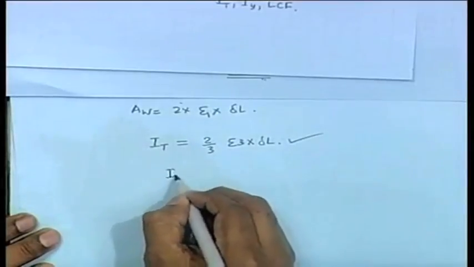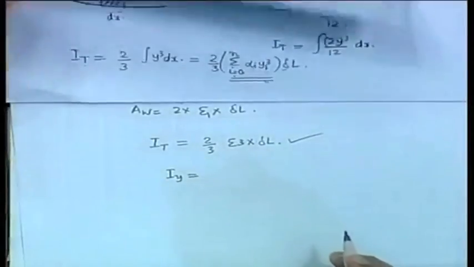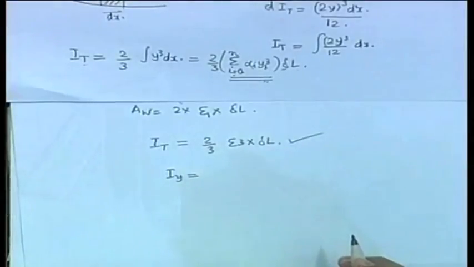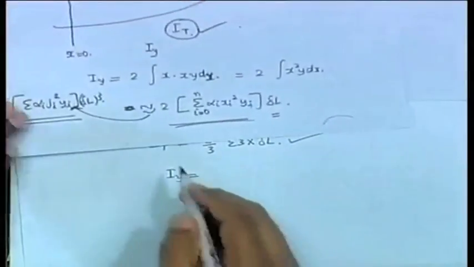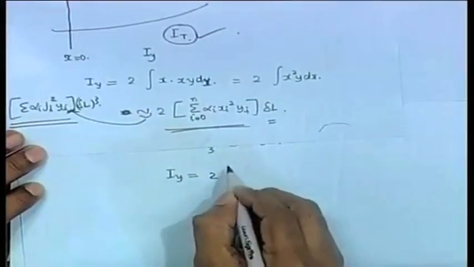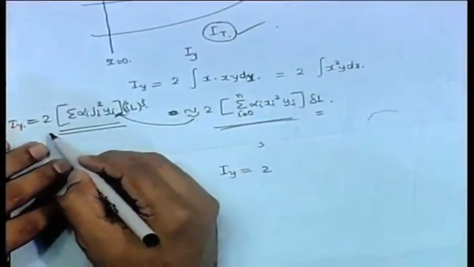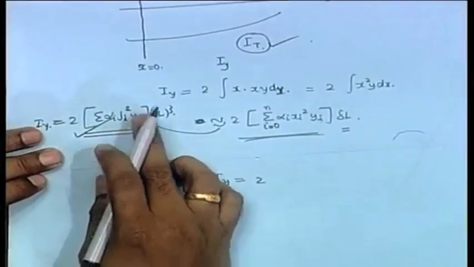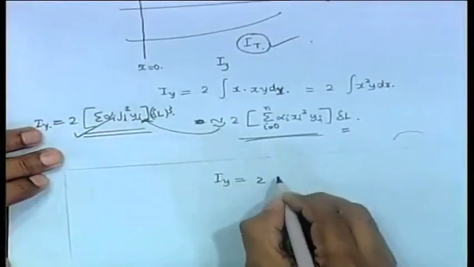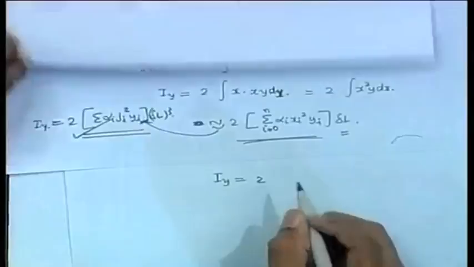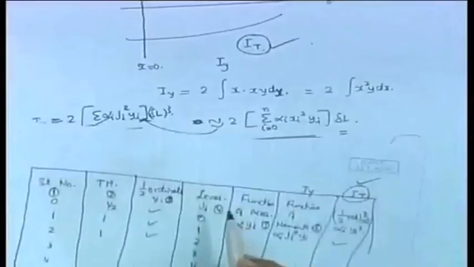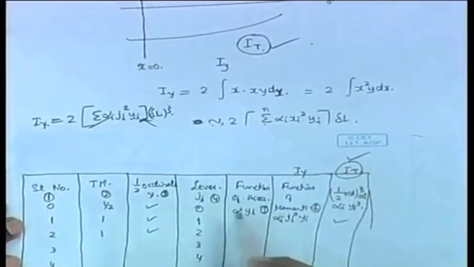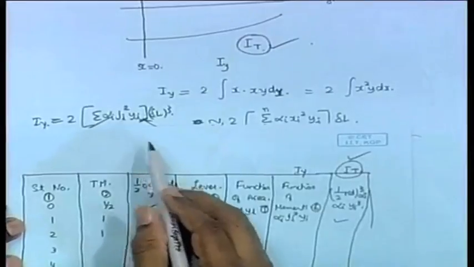Then your next question is to find IY. We have to use the formula for IY, which is 2 sigma xi, this one is better. So, 2 into sigma alpha I j I squared yi delta L cubed. In this table, this column is alpha I j I squared into yi.